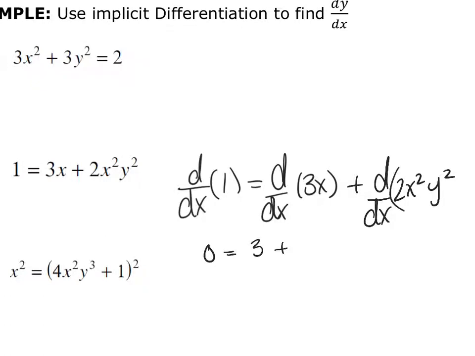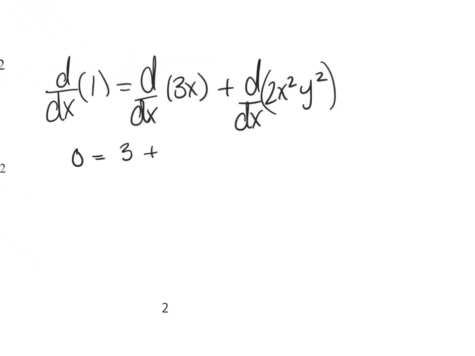When I do the derivative with respect to x of 2x squared y squared, this is a product rule. So the first thing I have to do, let me move this up so you're not having to look over everyone's heads, is I have to do the derivative with the product rule. So I'm going to do the derivative of this first. I'm going to call that u. And I'm going to call this one v.